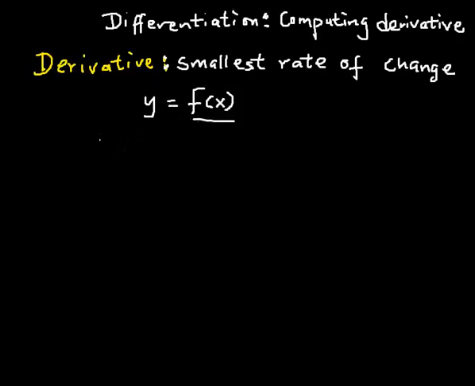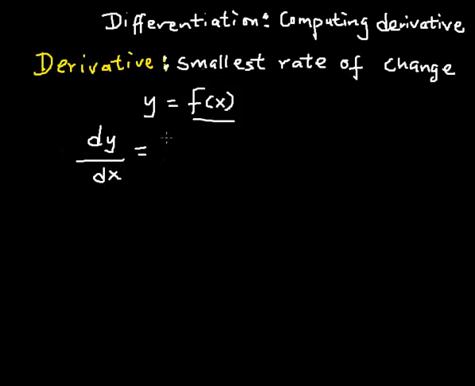Mathematically we express the derivative as dy/dx. So dy/dx of a particular function is the derivative. That's how we express it, and it's the smallest rate of change.